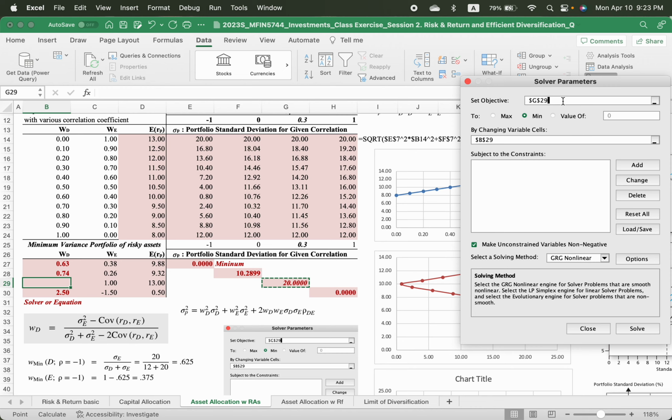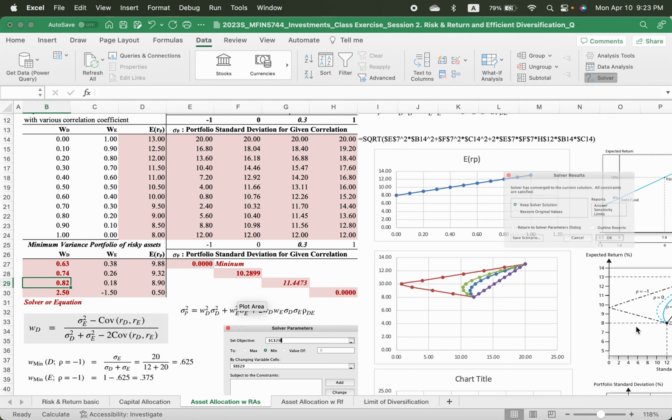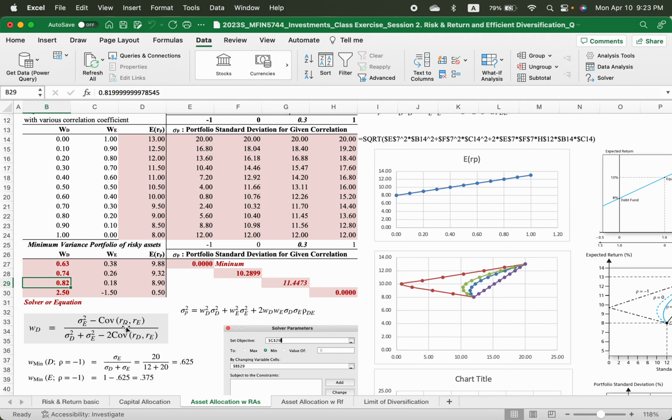This solver sets this standard deviation to the minimum level by changing the cell 29, right? And then it will generate the solution. Here you go. It will generate the weight of debt where the minimum level of the standard deviation is 11%.